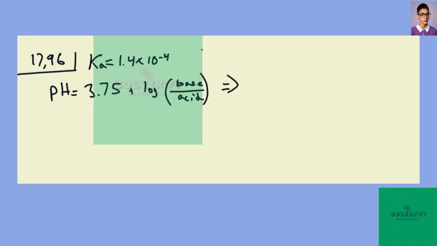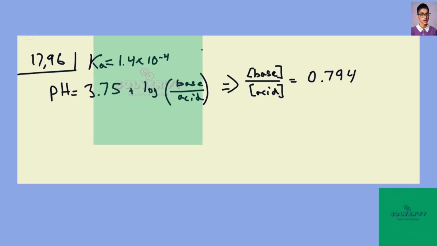So we subtract 3.75 from both sides and take the anti-log to get the base over acid ratio equal to 0.794.